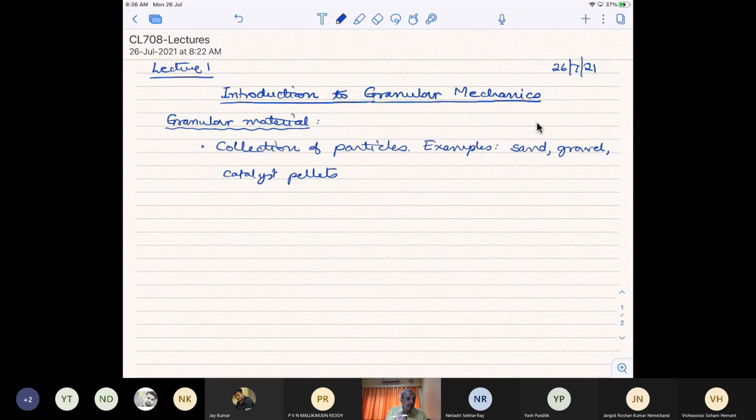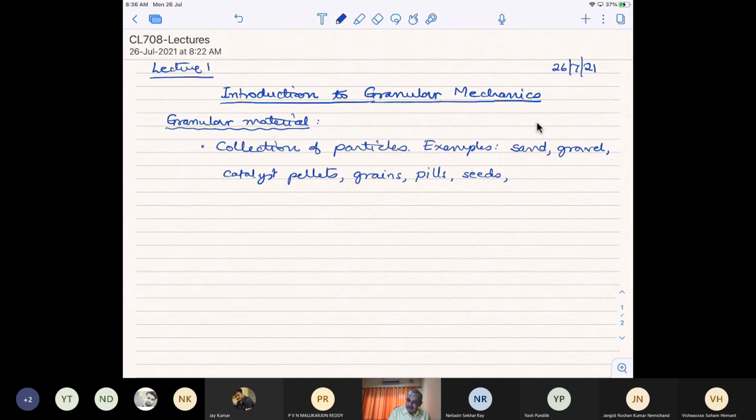They may usually be cylindrical or whatever, but then in agriculture and food technology, you are talking about grains. In the pharmaceutical industry, there may be tablets or pills. And also you can think of seeds in horticulture.